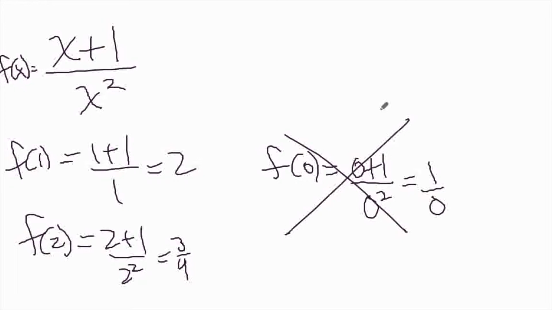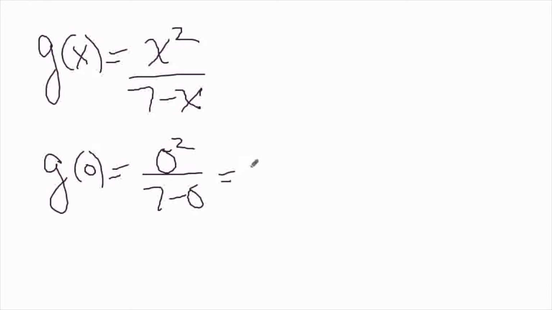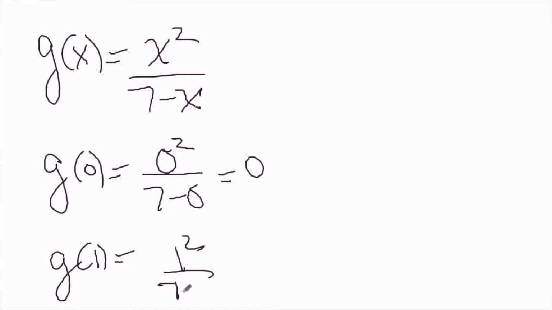Now, the domain isn't always just limited to 0. Watch this. g of x is equal to x squared over 7 minus x. Now you can plug in 0 just fine. 0 gives 0. 1 and several other numbers are just fine. So what do you think is the problem here?